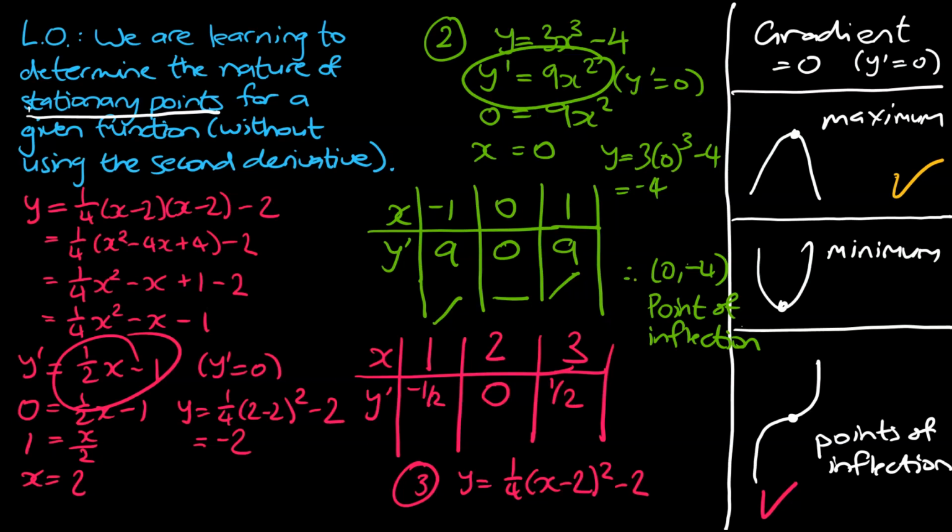And what that tells us about the nature of this turning point is it starts off negative, then it's flat, and then it goes up. If you draw that as a parabola, there'll be a positive parabola with a minimum. And that reveals the last part of this video. So therefore, our coordinate is (2, -2), and this is going to be a minimum.